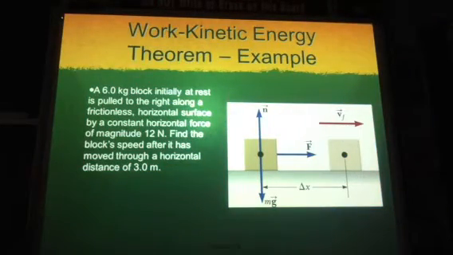The last thing we talked about in class today was that the work kinetic energy theorem states that when work is done on a system and the only change in the system is in the speed, then the net work done on the system has to equal the change in kinetic energy.